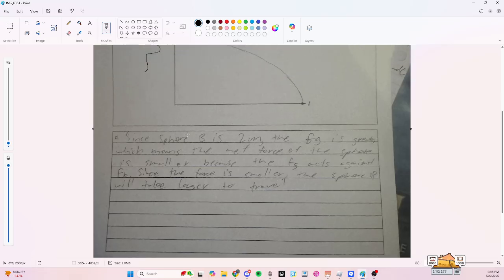So here I put, since sphere B is 2m, the Fg is greater, which means that the net force on the sphere is smaller because the Fg acts against Fb. And since it's going up, the buoyant force is bigger than Fg, but Fg is a little bit bigger than it was before, so that's why it goes slower. Since the force is smaller, the sphere will take longer to travel.